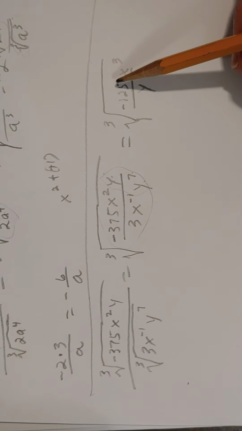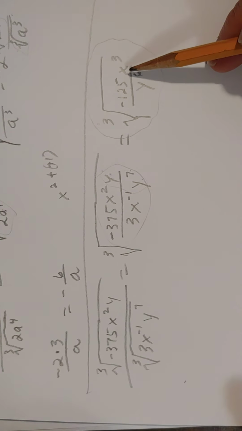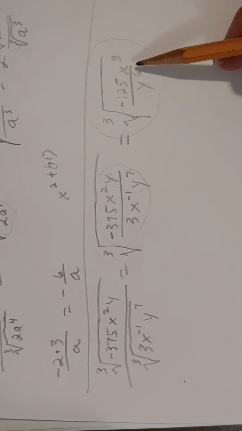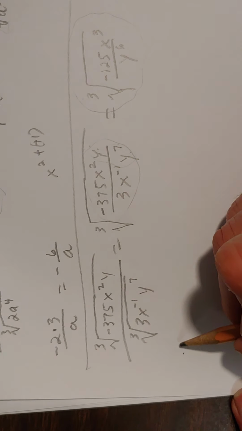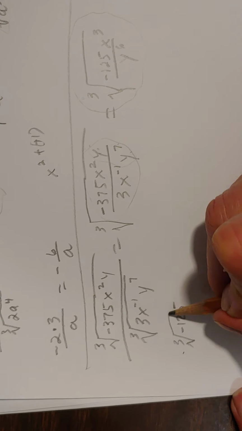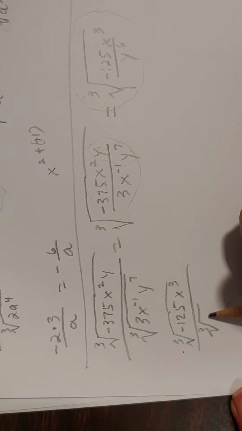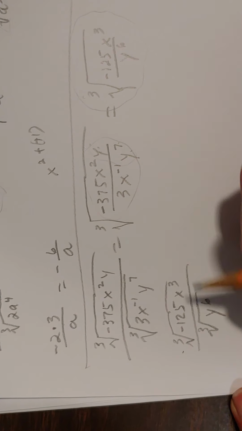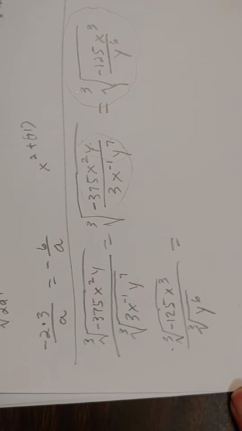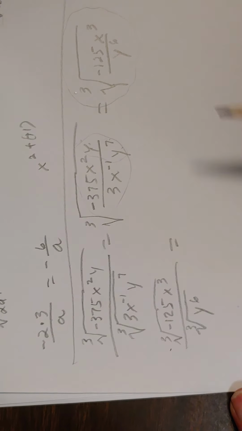Now this doesn't satisfy simplest form because there's a fraction underneath the radical symbol. So let's use the quotient property again and write it as the cube root of the numerator over the cube root of the denominator. Now there's a radical in the denominator, and there's a perfect cube that divides the numerator.